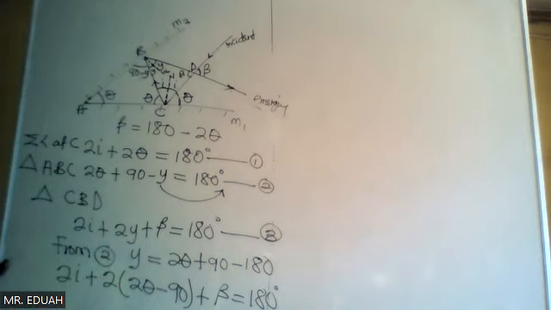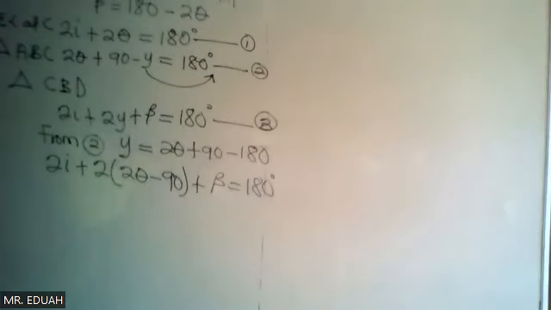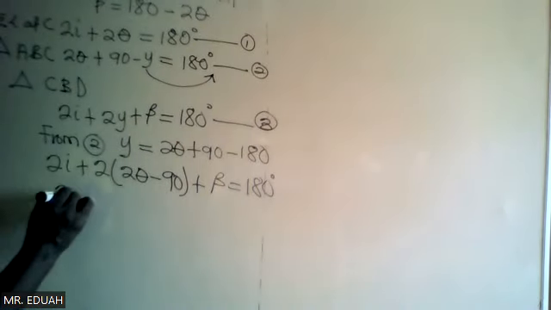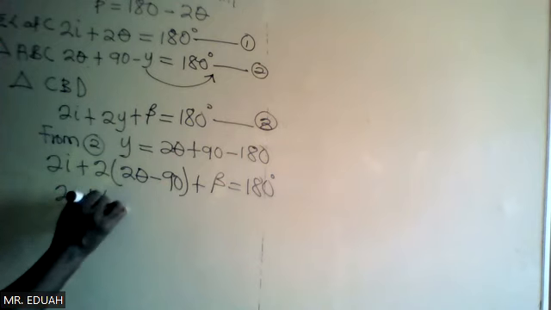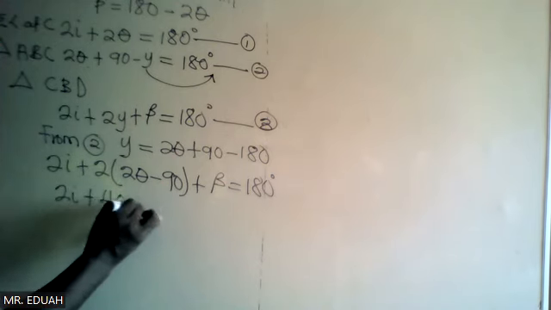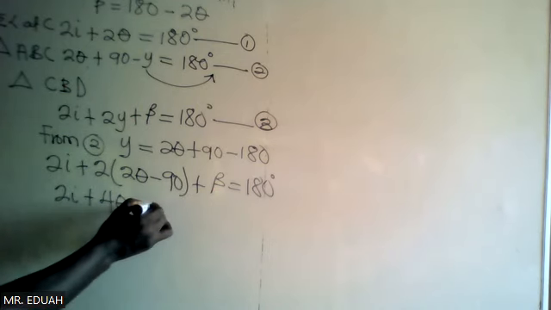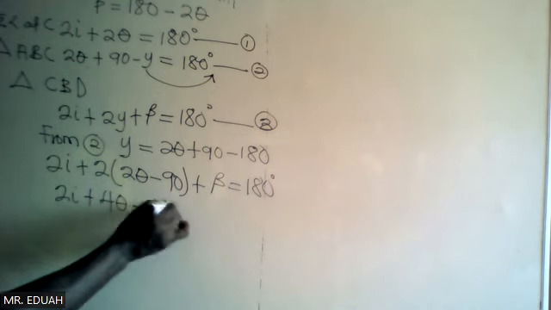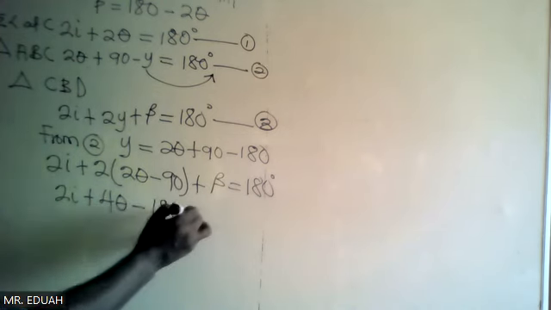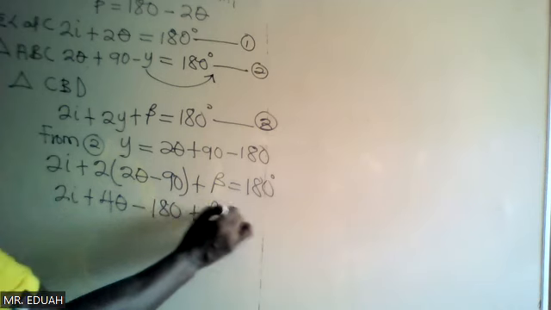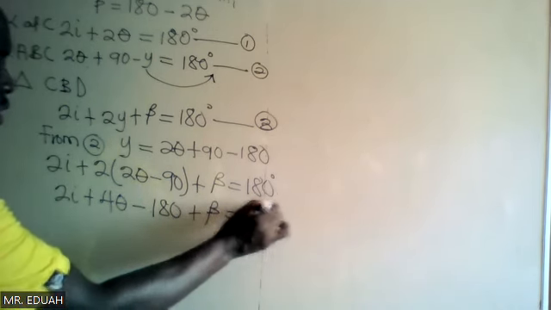Let's simplify what we have there. We have 2i plus 4 theta minus 2 times 90, this is 180, plus beta again equals 180 degrees.